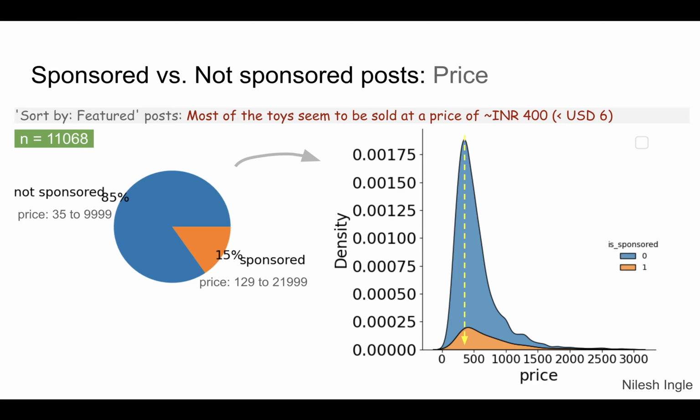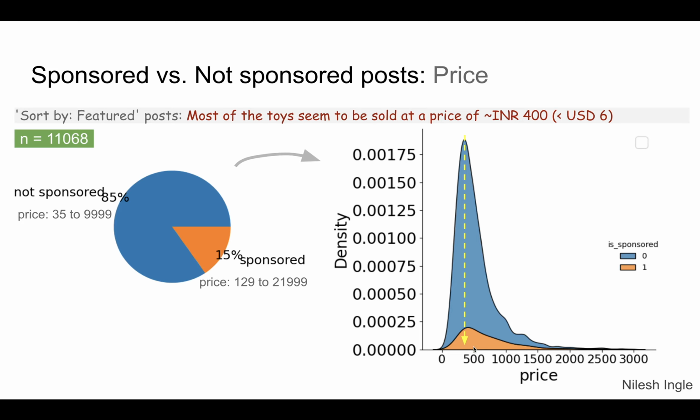You would think that if I'm paying for a product to show up in the listing, maybe to account for that cost, I could add a small fraction to the price so that pays for the advertisement. But here we see that the price is almost the same for both of these categories.